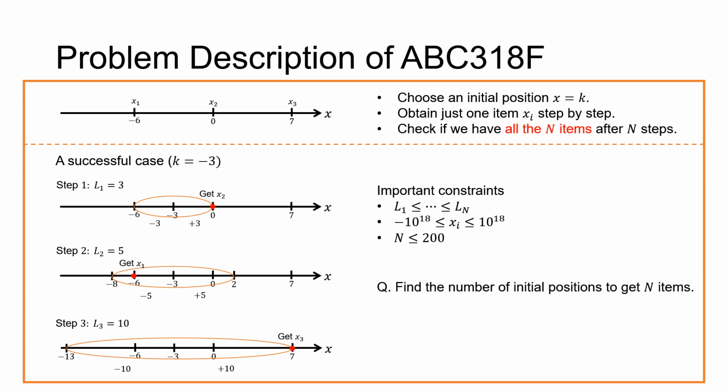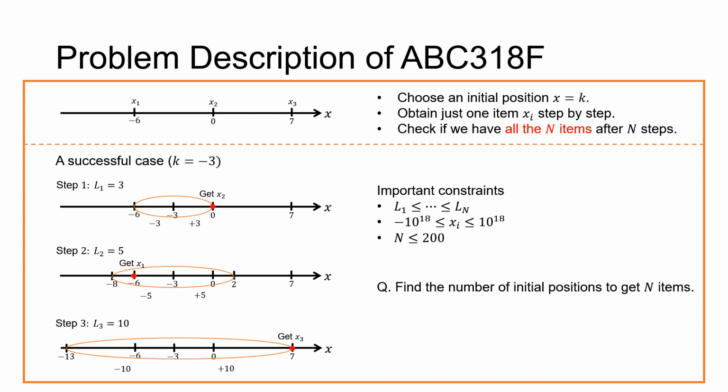At the ith step, we are given the width l_i and we can get an item within the distance l_i from the initial position we chose. We can't get more than one item at once. Our target is to get all the n items after n steps. The question is to find the number of cases choosing an initial position to get all the items.